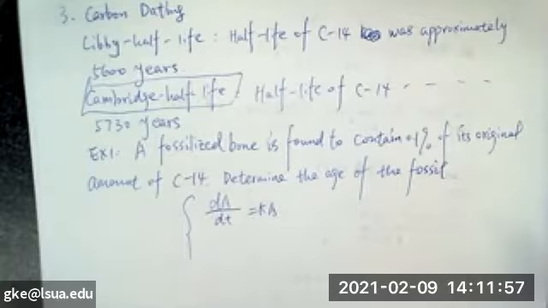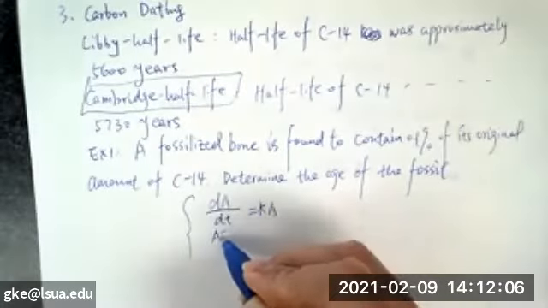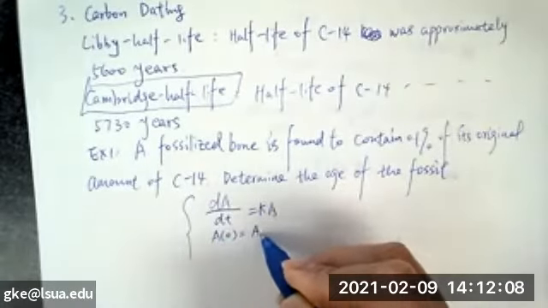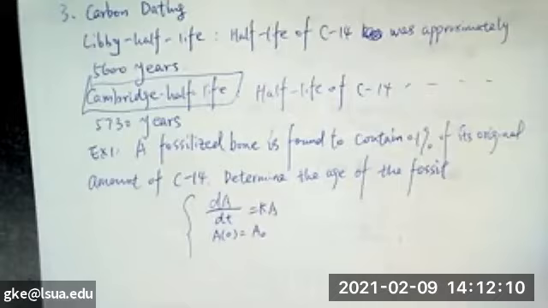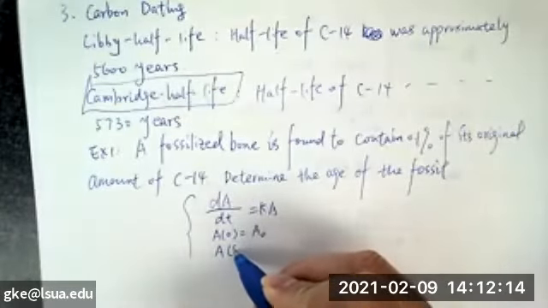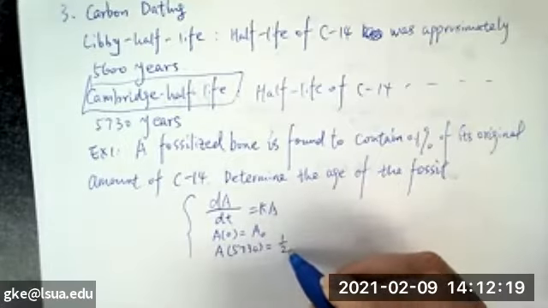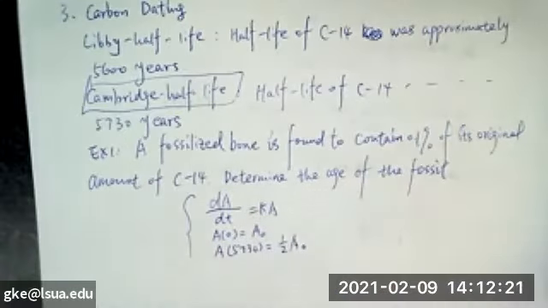Now let's take a look at the conditions. First of all, the initial condition, we assume that it is A0. And the second one is the half-life, so at 5,730 the amount equals half of the original, right? Those are the two conditions.